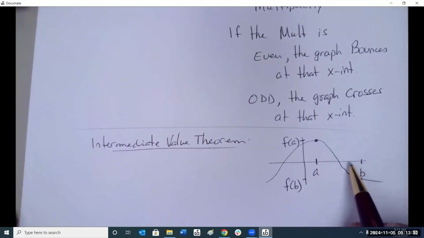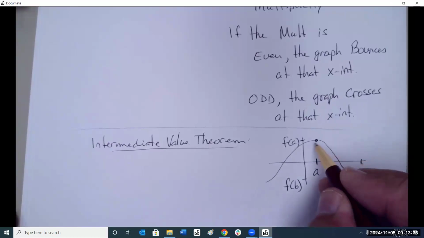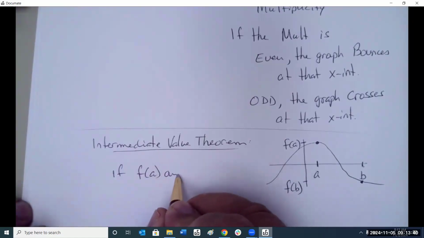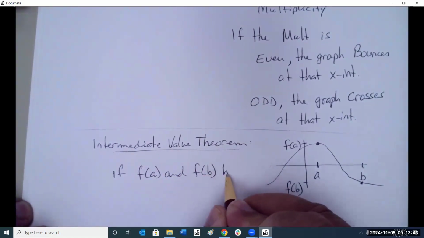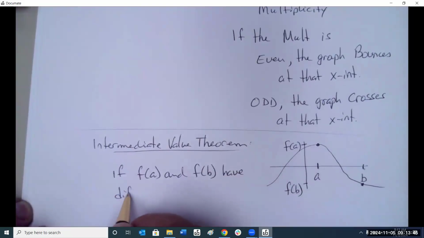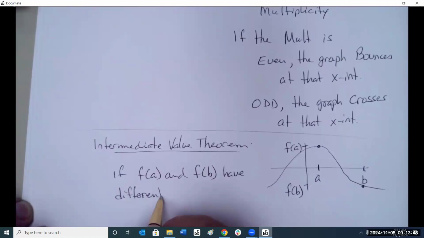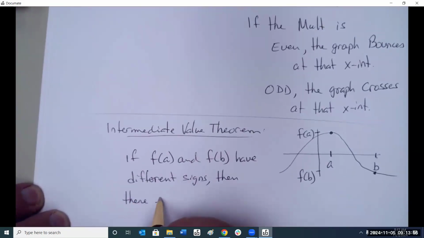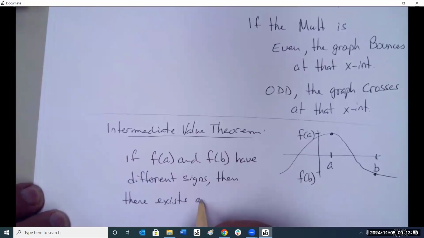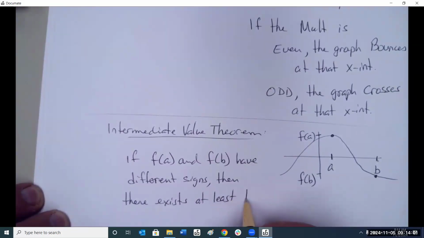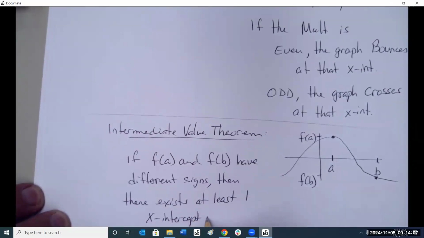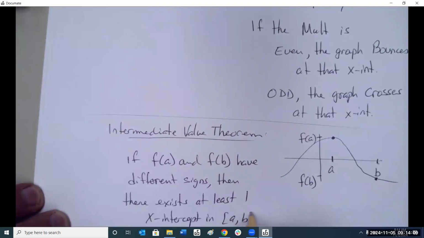If we're in some interval a and b, if f of a and f of b have different signs, then there exists at least one x-intercept in the interval AB.